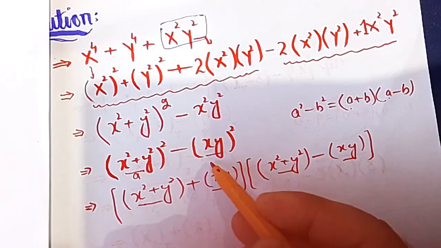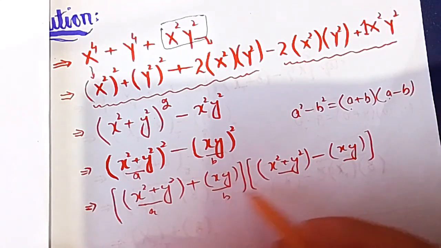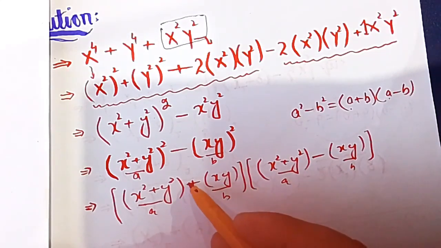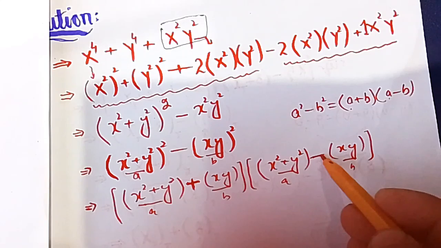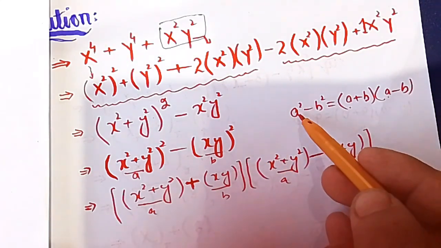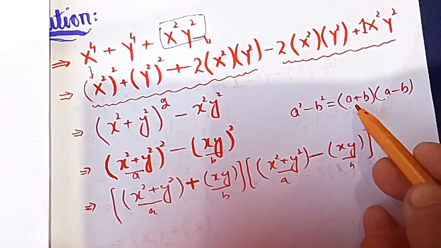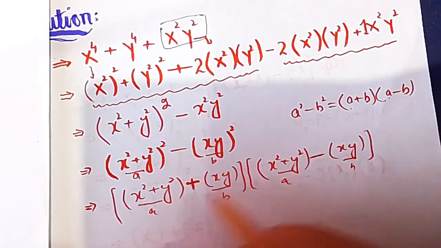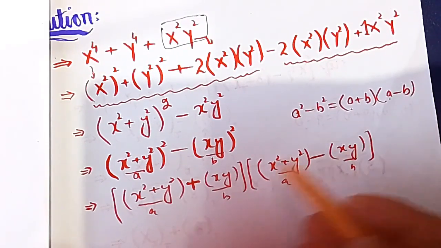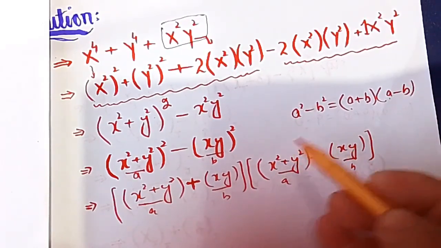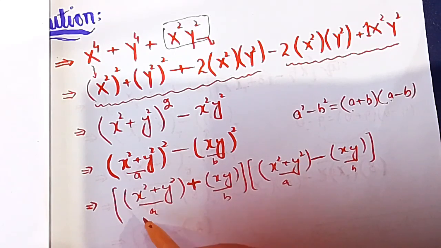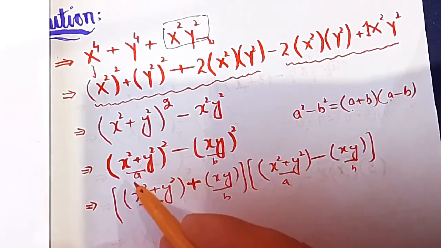We can say that it is a, it is b. So a square minus b square can be written as a plus b into a minus b. Using this rule, this property, this formula, we can write it in product form.